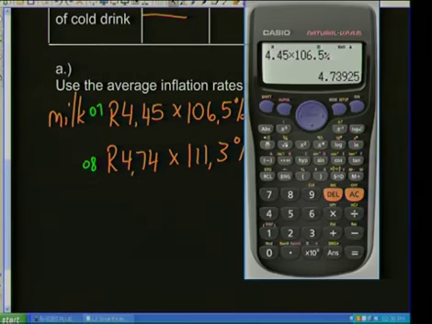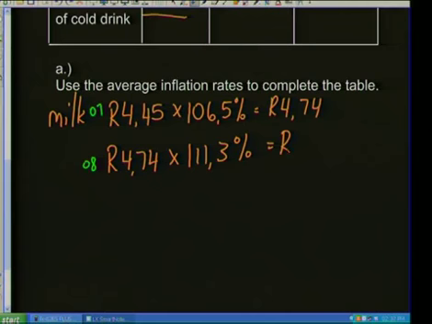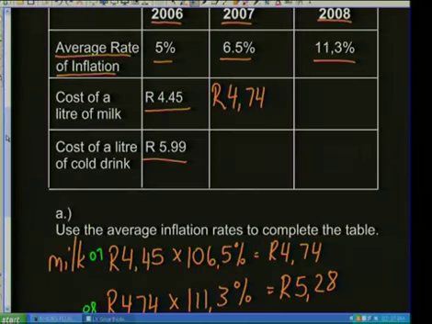So 4.74 times by 111.3%. And I see it's R5.288. Don't forget 2 decimal places. It's money. Always need 2 decimal places. And don't forget to round correctly. So 5.28. So my answer, R5.28.